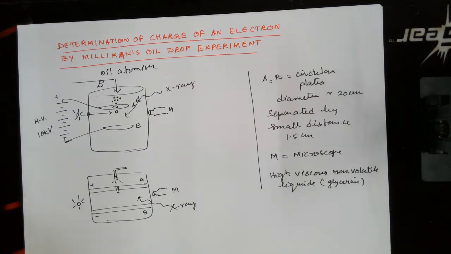So what is the role of X-ray? To charge the oil droplets. And we can observe the movement of oil, either descending or ascending movement of these oil droplets, through a microscope kept perpendicular to the light beam.